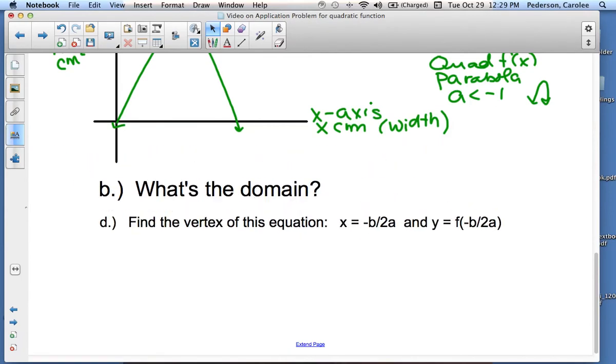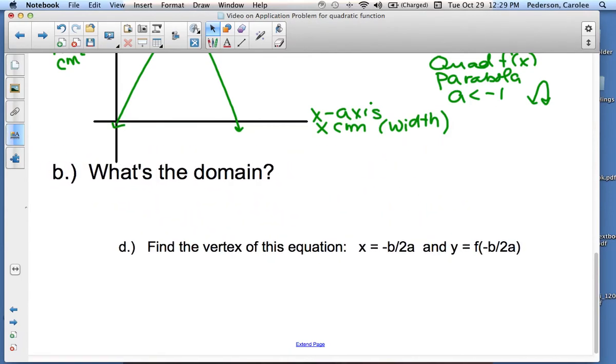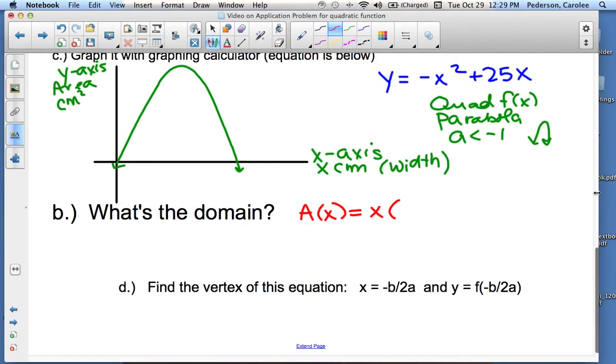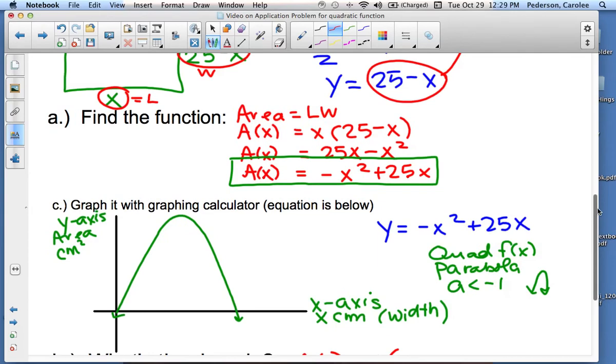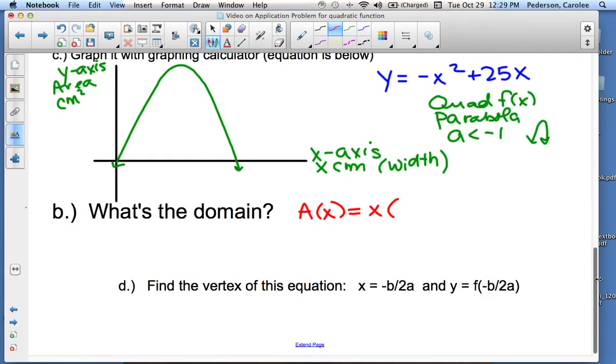If I ask you for the domain of this parabola, my original function before I multiplied it out was x and then 25 minus x. Here it is in factored form. If I set this function equal to 0 to find its domain, I'm using the zero product property.